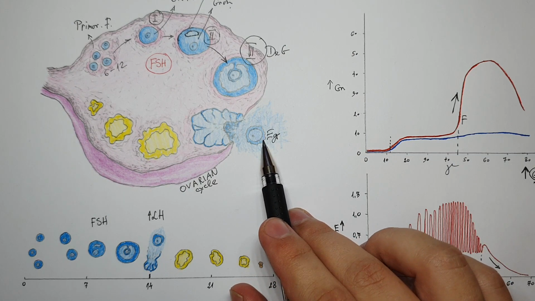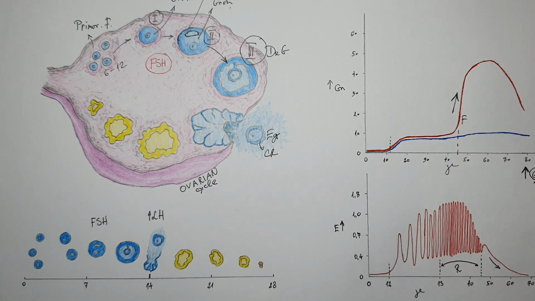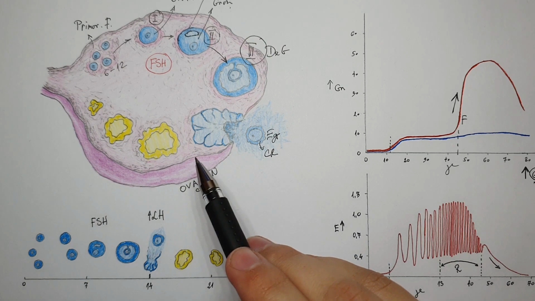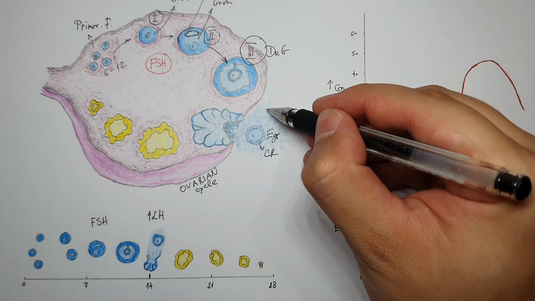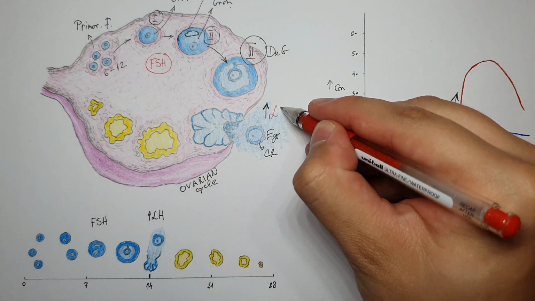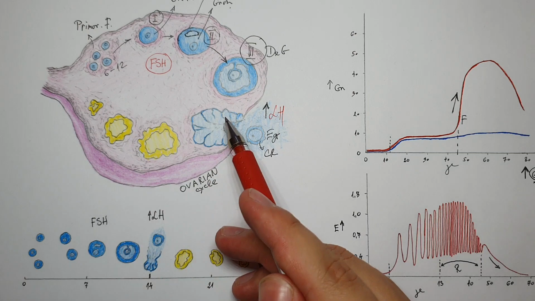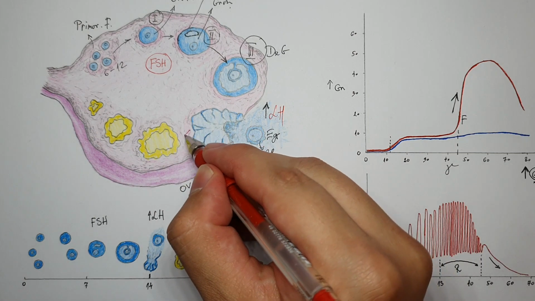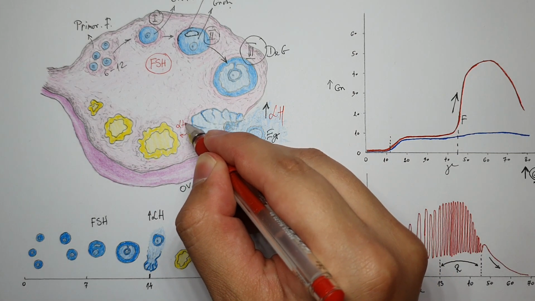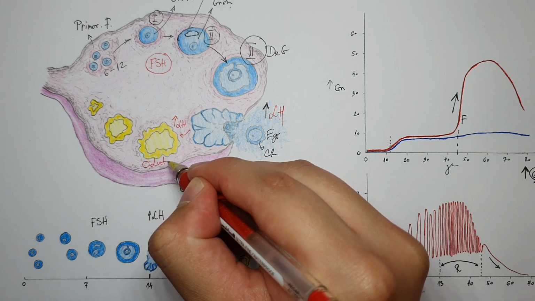So this is called the corona radiata, so basically the crown. And this happens under a huge spike of luteinizing hormone. And this huge spike of luteinizing hormone enables that the rest of these cells develop into the corpus luteum.